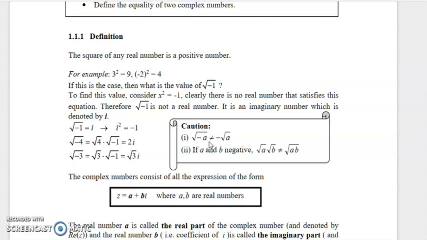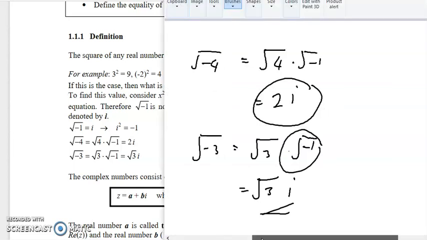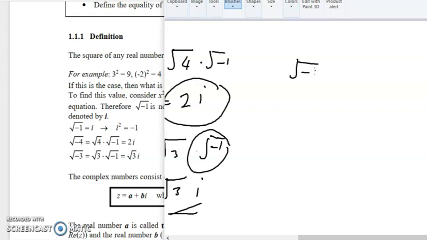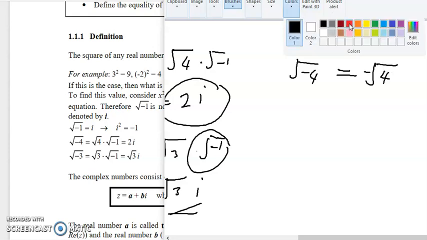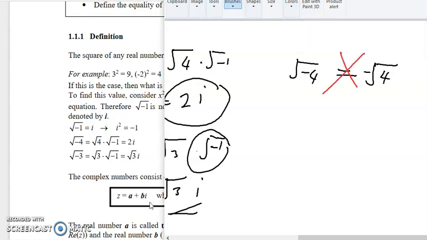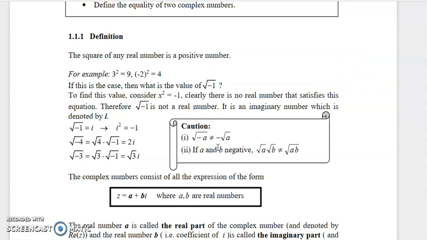The square root of -a is not equal to -square root of a. When you have the square root of -4, it is not equal to -square root of 4. If a and b are negative, the square root of a times the square root of b is not equal to the square root of ab. Please be cautious about this part.